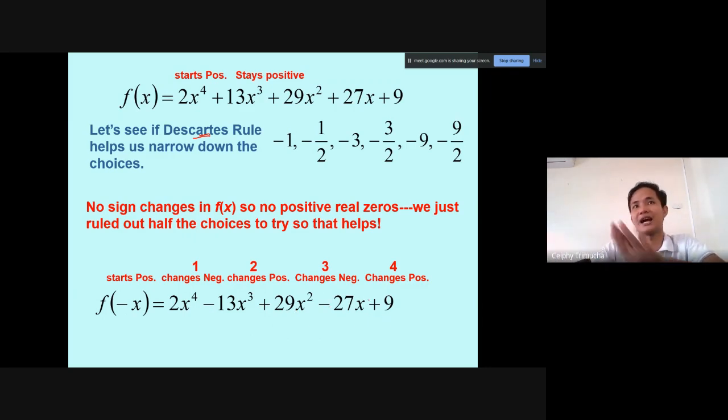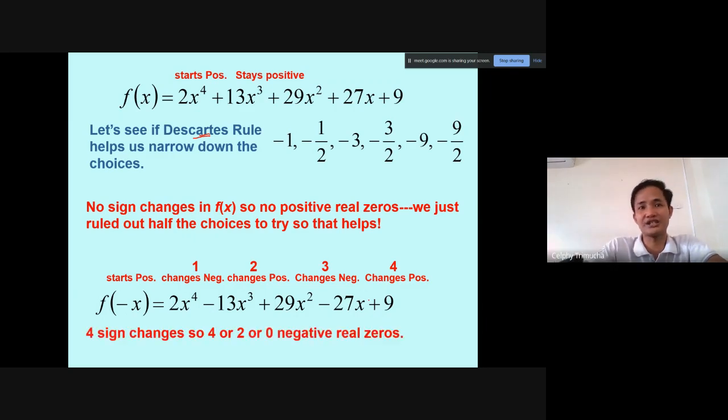So we have four changes. That means 4 sign changes, so there are either four negative roots, two negative roots, or zero negative roots. We can subtract by an even number, so 4 minus 2, so there can be either four or two negative real zeros.